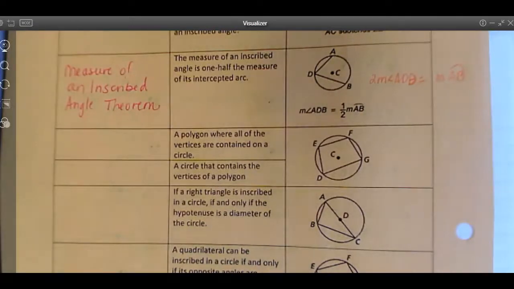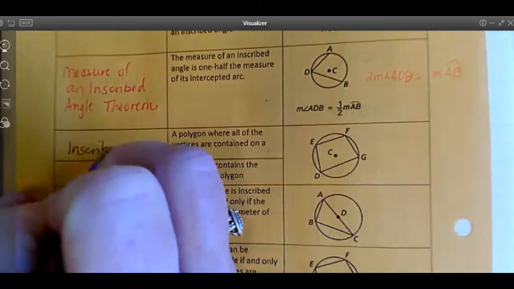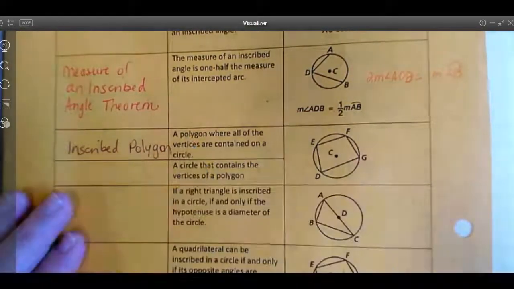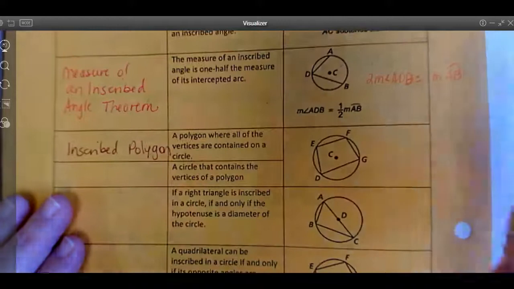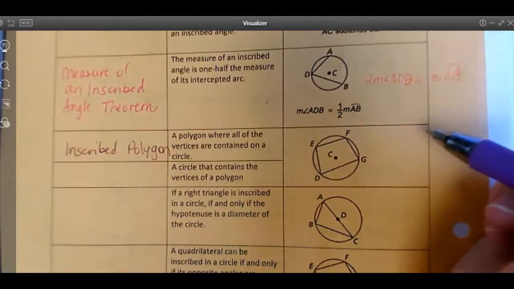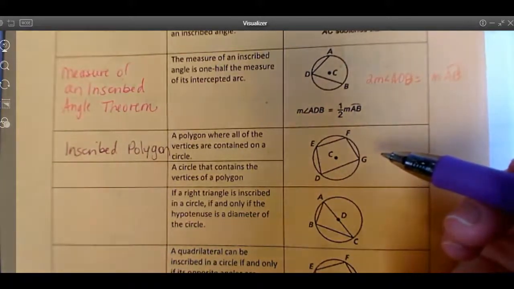Okay, another word is called an inscribed polygon. This is saying that we have a polygon. A polygon is just a figure with several sides. It can be 3 or 4 or 5 or 10. It can be how many sides it wants to.